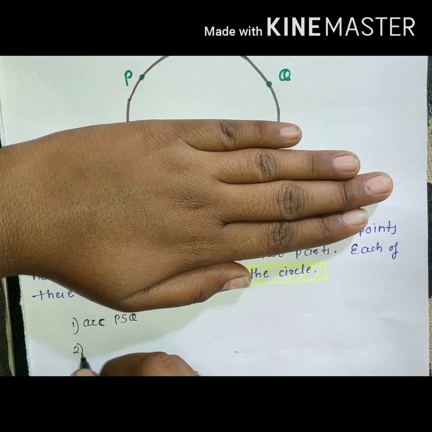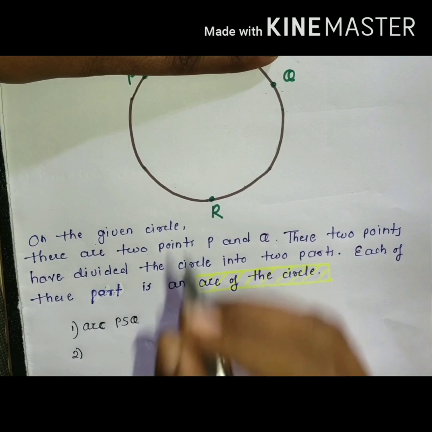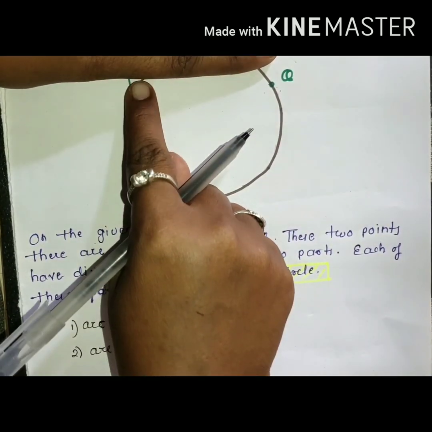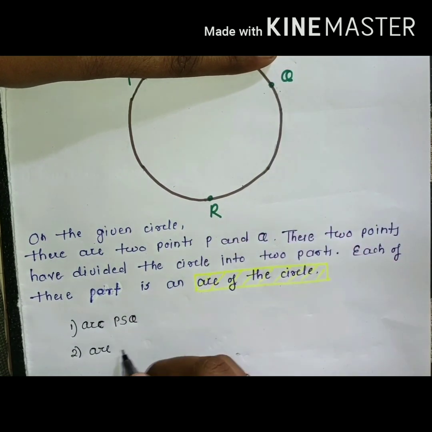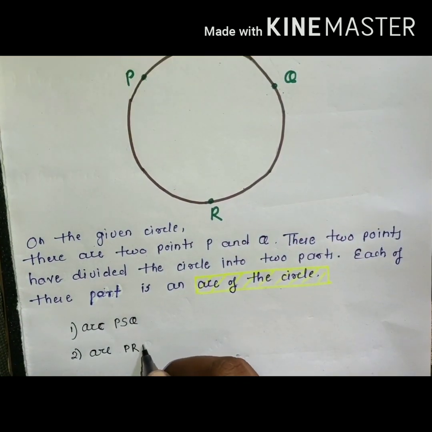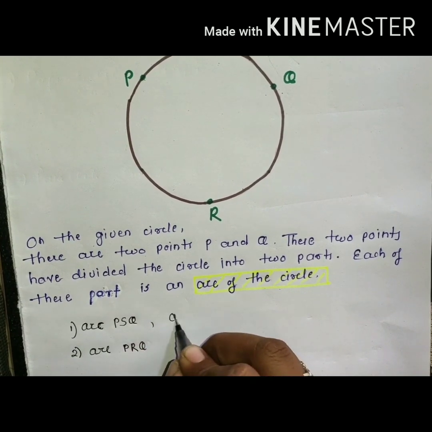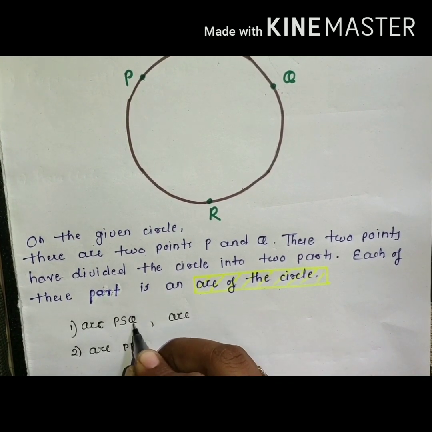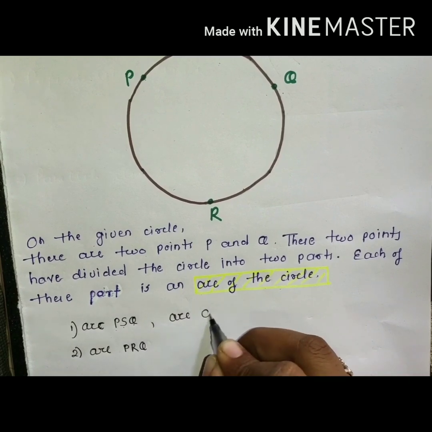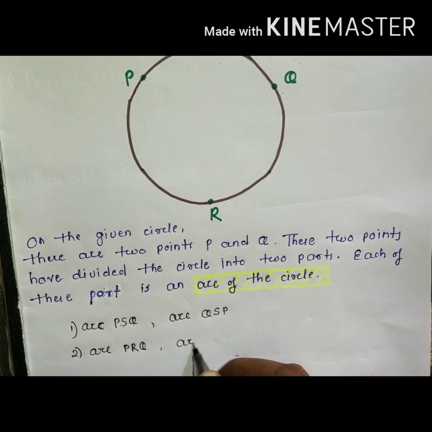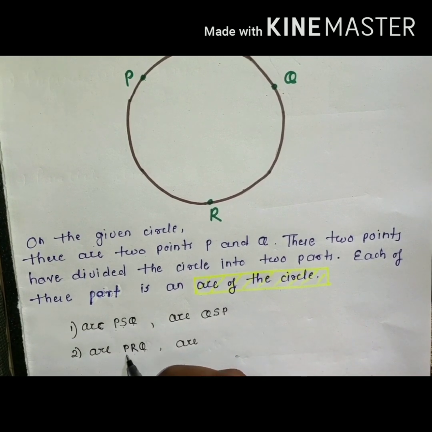Second, this arc: arc PRQ. We can also write these names as arc QSP and arc QRP.